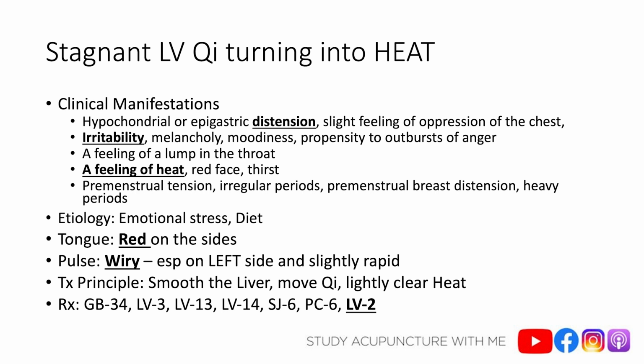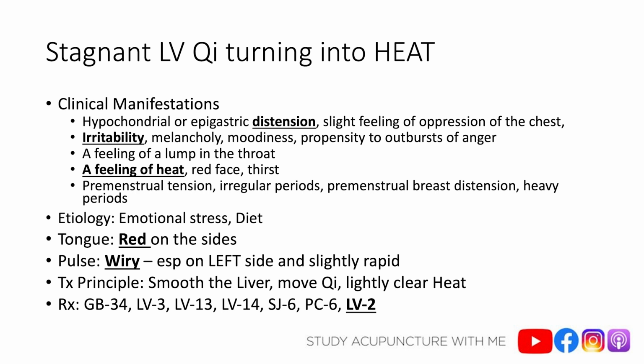Before, we just had a normal tongue body color. Now look at the tongue. We have actual redness on the sides of the tongue. Before, for the pulse, we just had a wiry pulse. Now we have a wiry pulse that's slightly rapid. Before, in terms of the clinical manifestations, we had irritability, we had distension. Now we have an actual feeling of heat.